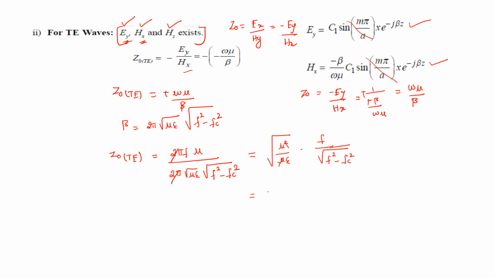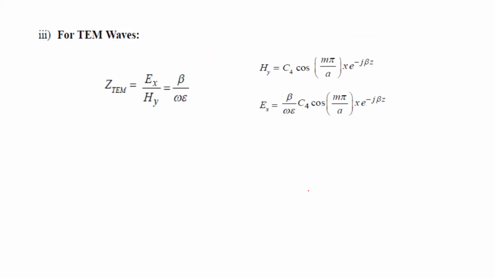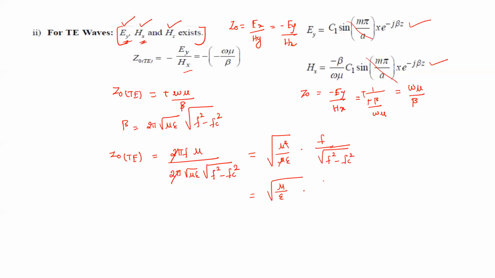So you will get root of mu by epsilon into 1 divided by root of f square minus fc square divided by f square, by bringing this f inside the square root. So this can be written as root of mu by epsilon into 1 divided by root of 1 minus fc by f the whole square.